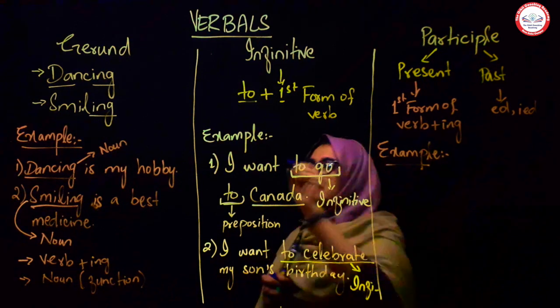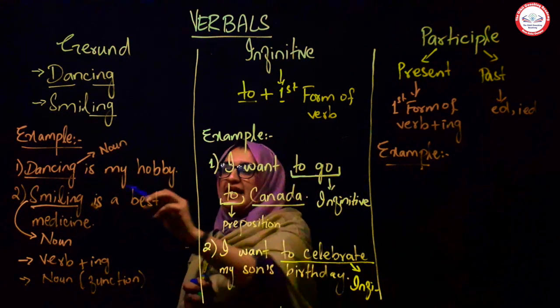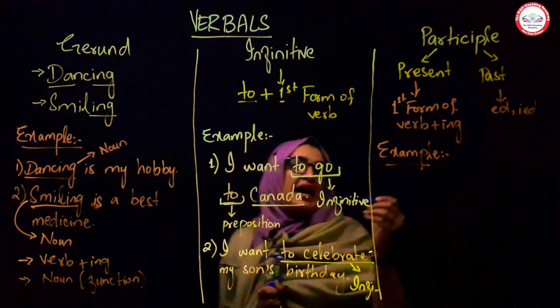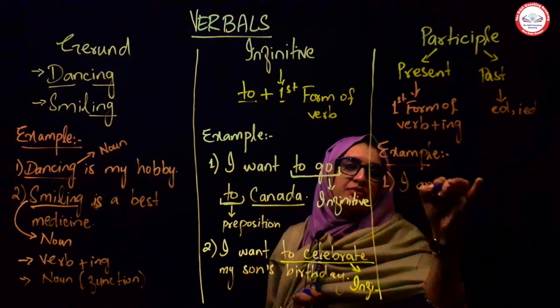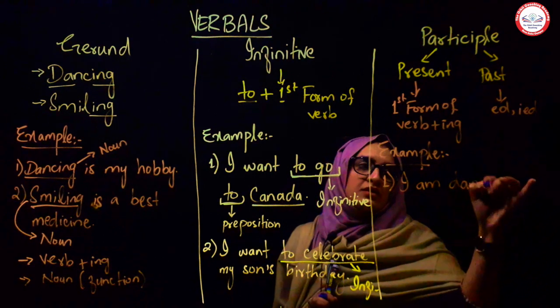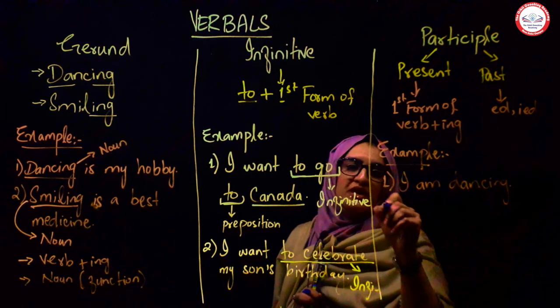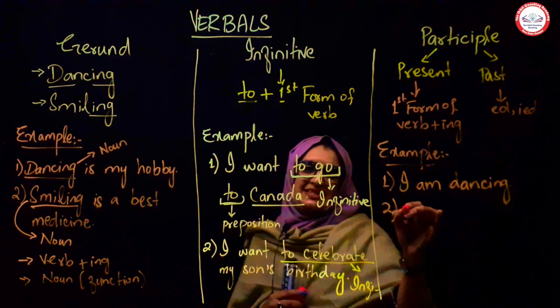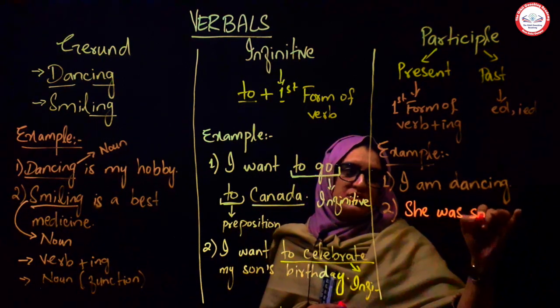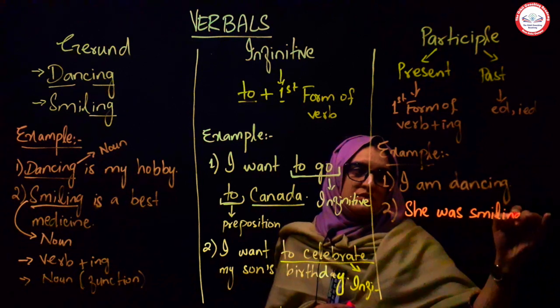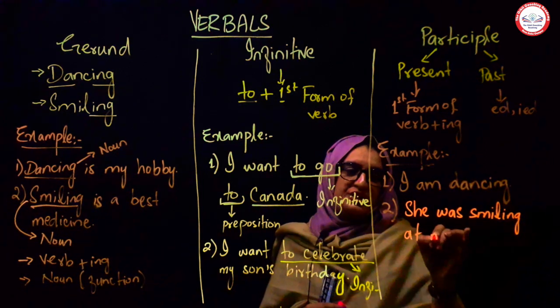I'm going to pick up the same verbs which I have written over here, dancing and smiling. I can use the same words as: I am dancing, or the second sentence, she was smiling at me.